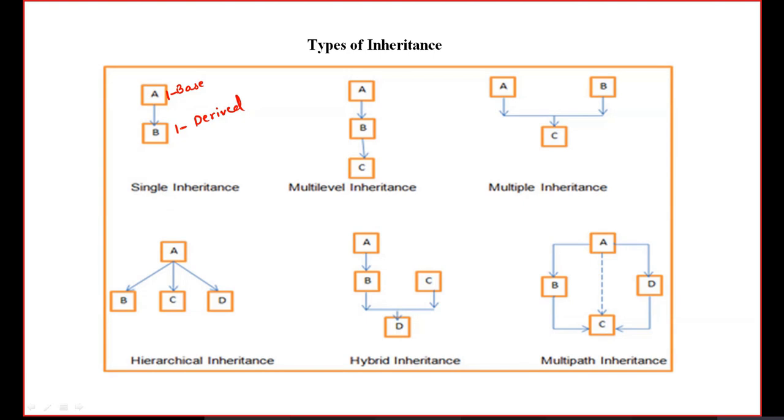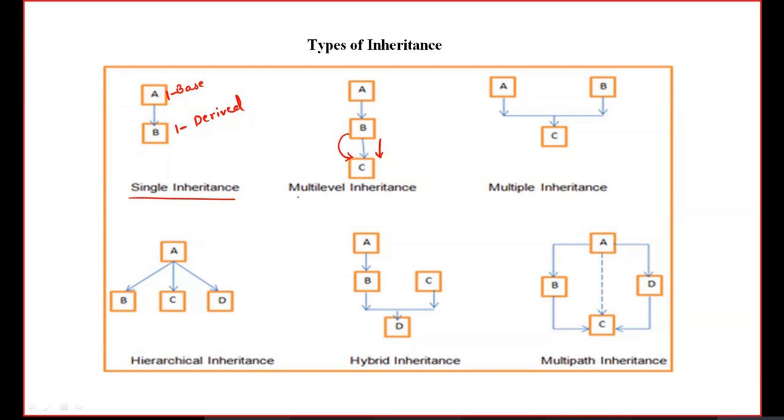So when there is only one base class and a single derived class, we call it single inheritance. Fine. Now, whenever we are deriving again from the derived class, here you can see class B is already a derived class, and from that class we are deriving class C. Understood?